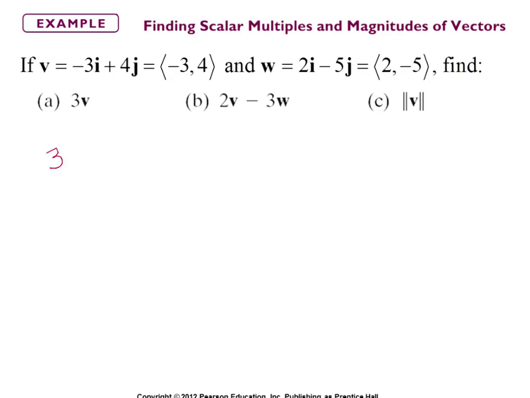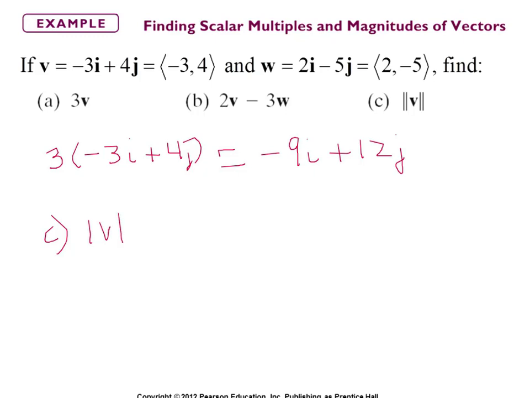Distributing, this would be equal to minus 9i plus 12j. Again, we would just multiply and then subtract. And the magnitude of v is equal to the square root of minus 3 squared plus 4 squared, which would be 5. So I think this is all pretty simple.